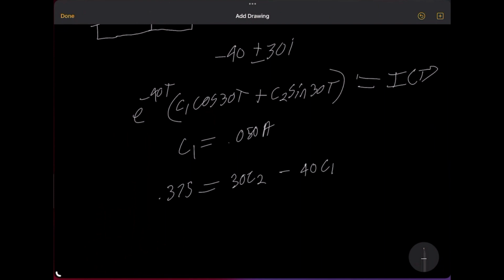Okay, so C1 is 0.05 times 40, 0.375 minus plus 2 divided by 30.